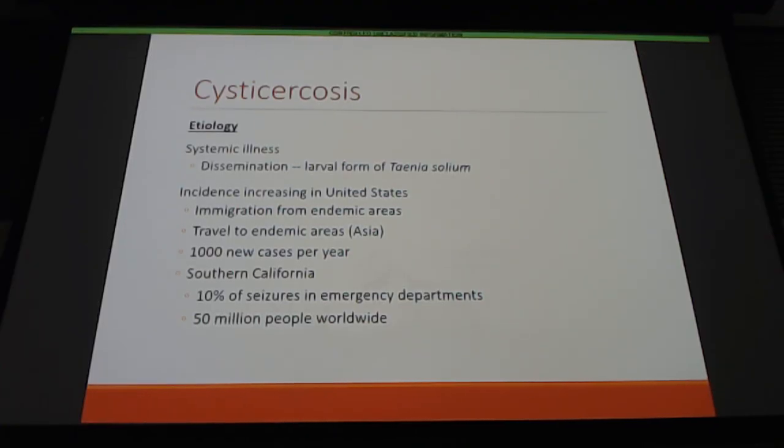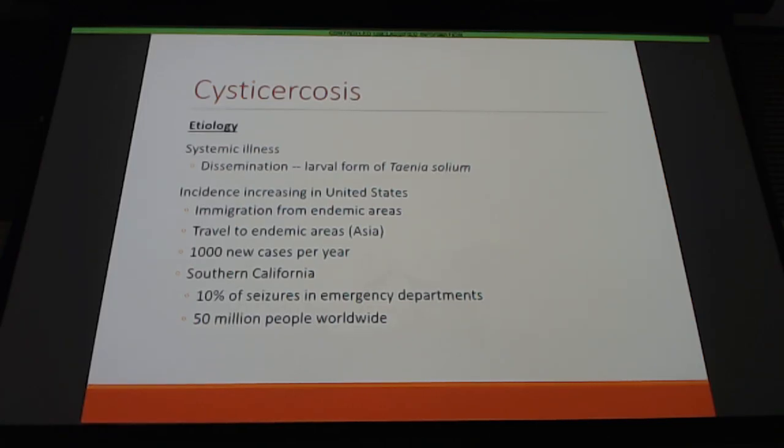This is a systemic problem, right? So if we remember, instead of it going into the pig and then going into the muscle, we're going to eat that infected egg, and then it's going to go down to our gut, it's going to hatch, it's going to burrow its way through the gut, and then it's going to migrate someplace in your body.